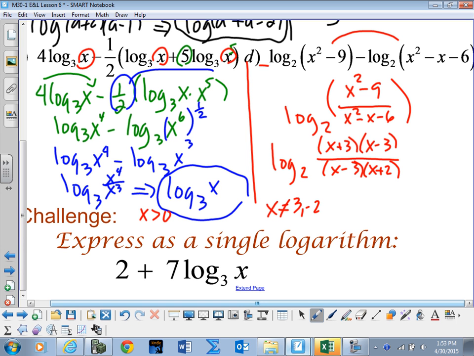But we also have this entire fraction has to be greater than 0. So we know it's going to simplify because we can reduce. So this is going to reduce to log base 2. And that would be the final single log. But going back up here, at the original term here, we had x squared minus 9.